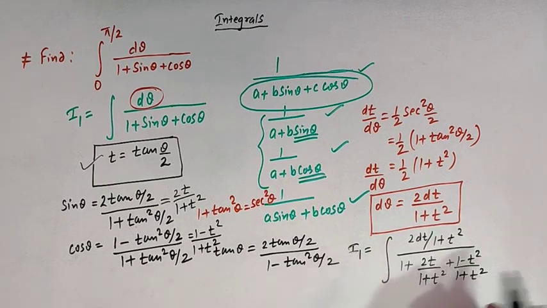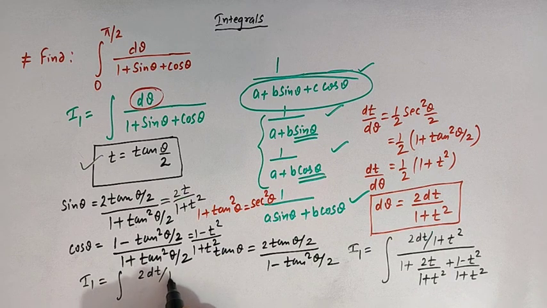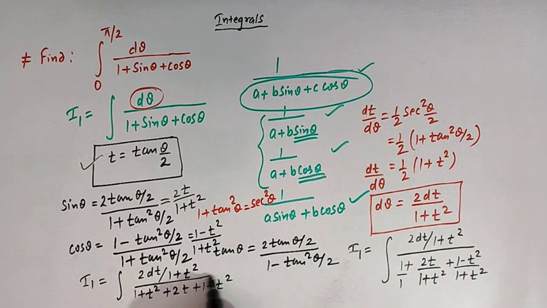So now let us simplify this expression. We can now write I1 as integral 2 dt divided by 1 plus t square, and here we have 1 over 1 plus t square plus 2t plus 1 minus t square, divided by 1 plus t square.